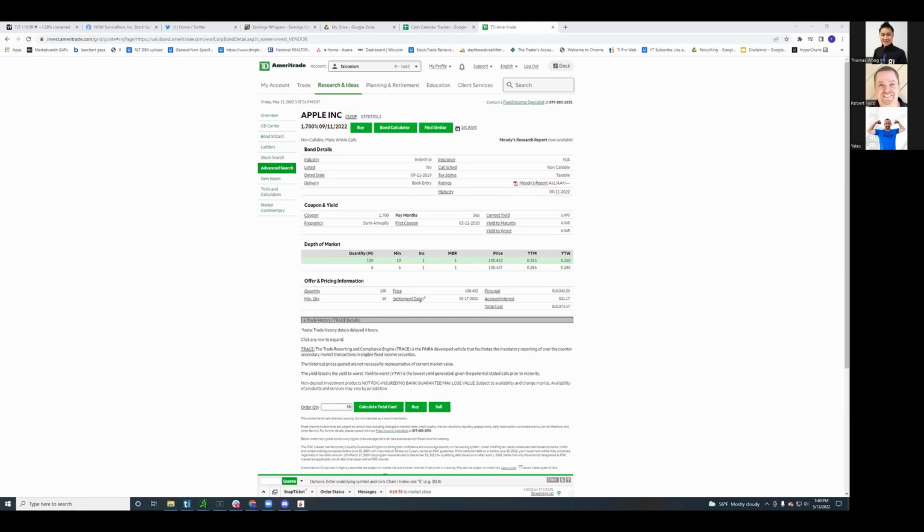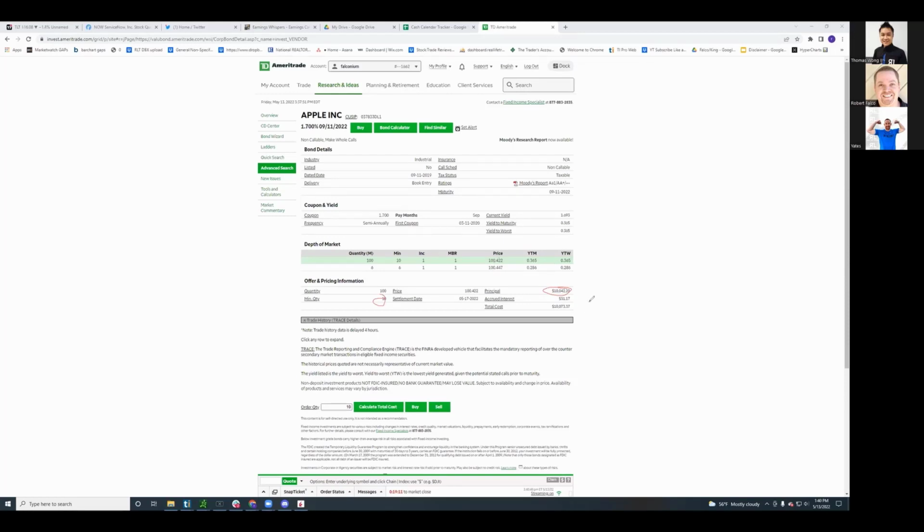So what Thomas was talking about, the par value or the face value. On this one, these come in a minimum quantity of 10, at $1,000 a piece, so the minimum amount would be $10,000. After the bond is initially issued, it's going to move up and down in price.